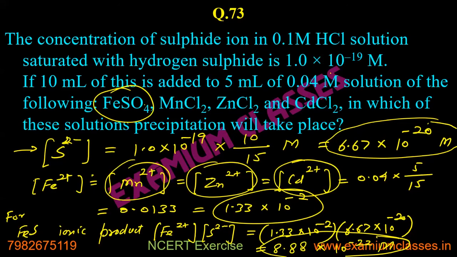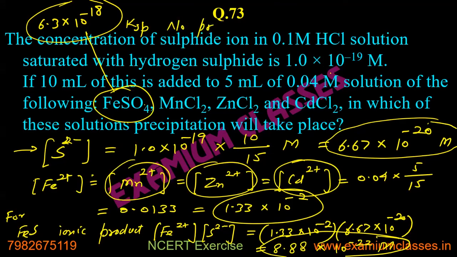So because KSP is 6.3 into 10 power minus 18, which is much greater than 8.88 into 10 power minus 22, it means FeS will not get precipitated. So ionic product is less than KSP. No precipitation.